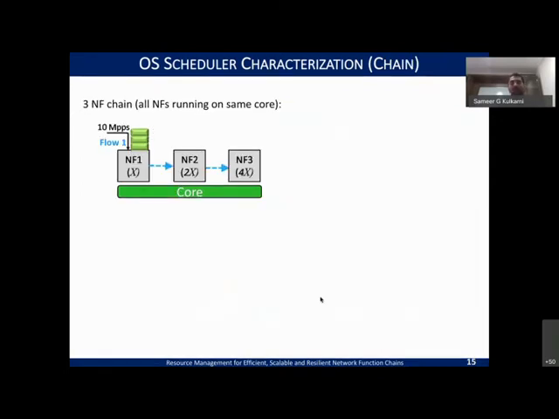Again, we said that these network functions are typically chained. When they are chained, the packets flow from one NF, get processed, and the next set of packets get processed by the next NF in the chain, and so on, right? If we deploy this kind of scenario, the difference is that earlier they were all independently operating, and now they are operating in chain mode, right?